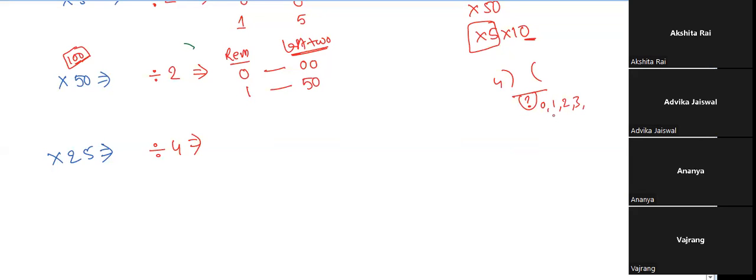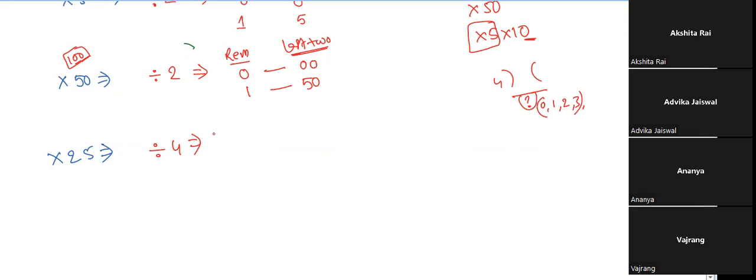Can 4 be the remainder? No, sir. Can 5 be the remainder? No, sir. Because if it is more than 3, we will continue the division. We will not leave it as a remainder. So 0, 1, 2, 3 are the remainder possibilities.